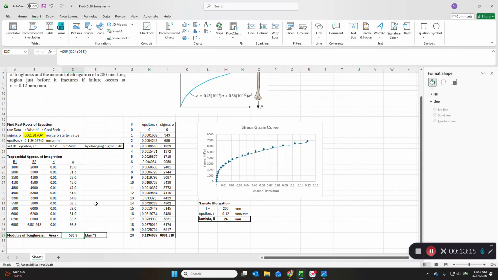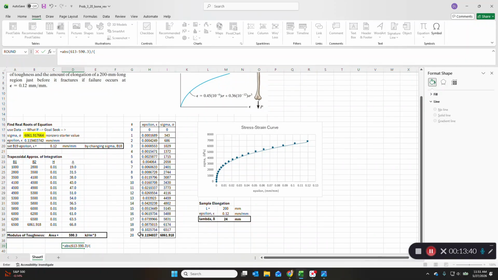And the units are in kilojoules per cubic meter here in the SI system. Now, the actual answer is 613. So we want to see how close were we? So I'm going to take the absolute value of 613 minus our value, which is 590.3, and I'm going to divide that by the average of the two numbers.